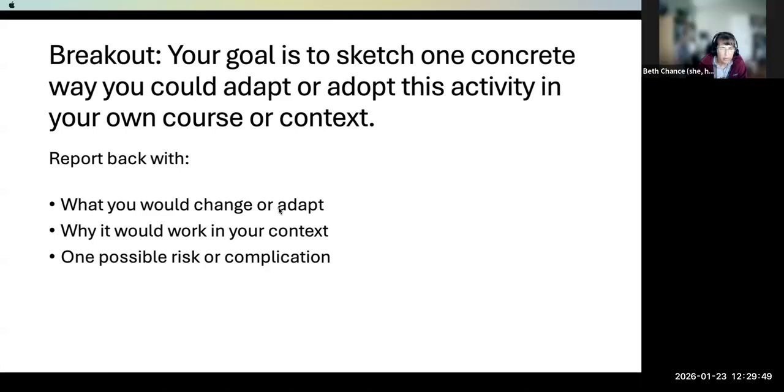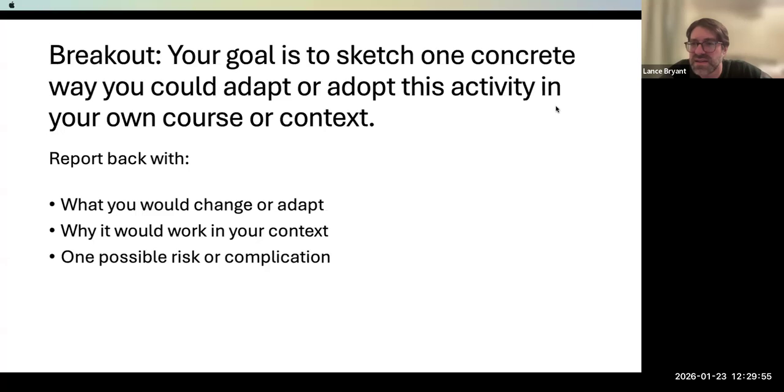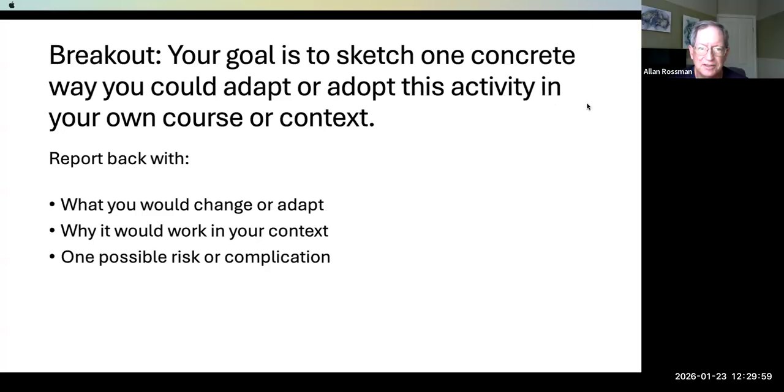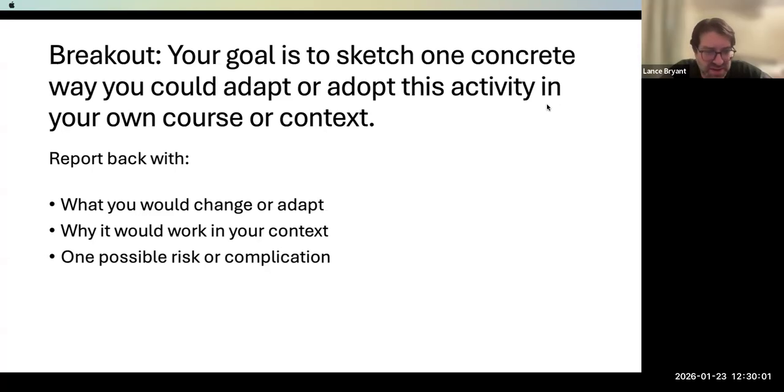Maybe I'll go to room 3. Lance will go to room 2. Sounds good. Lance, if you go to 2 and Beth goes to 3, we've got Jill in 1. I declined for a minute and then I was going to join, but now I have to see how I actually join now that I declined.